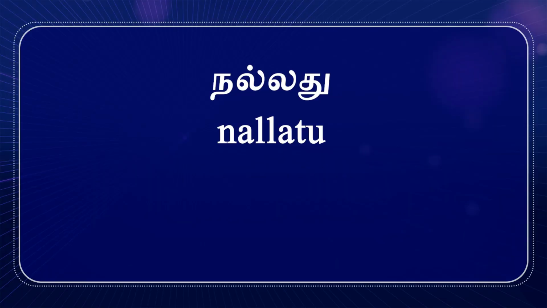In the above underlined words, the future tense marker um is used. In all the three sentences, the subjects are non-human nouns. In the first sentence, the subject is nalladu, meaning a good thing. It is a non-human noun.